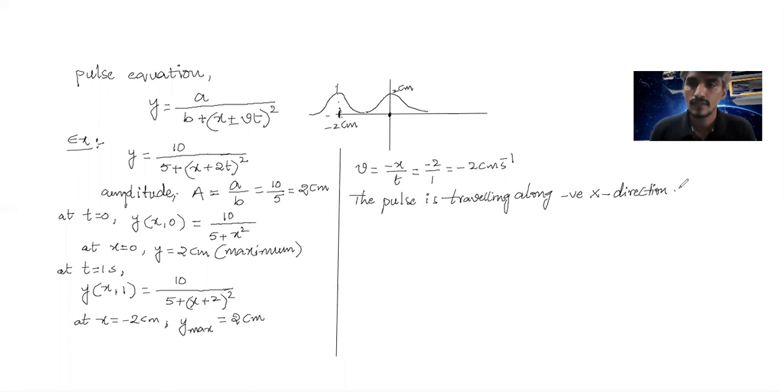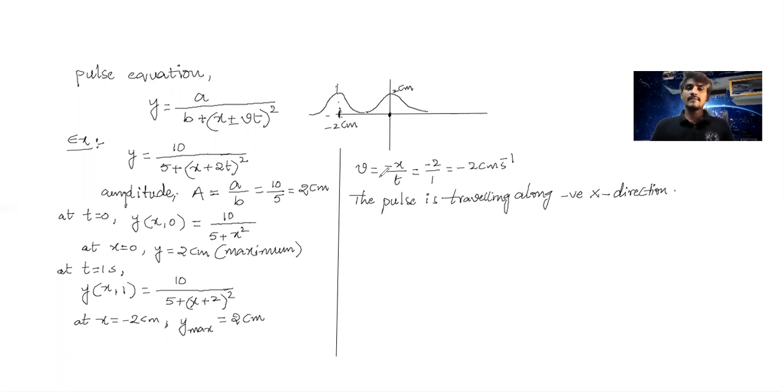Okay, now from this, what have we understood? If we write the function as y of x minus vt, then the pulse is going towards the positive x-axis, right?